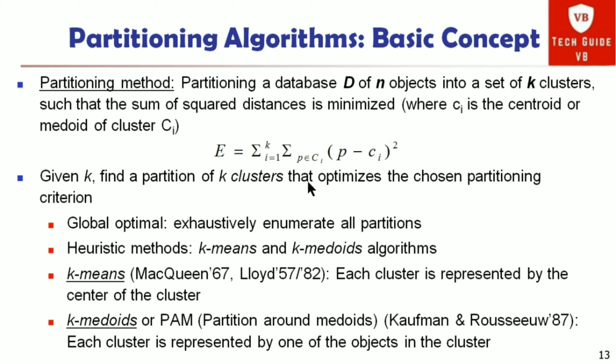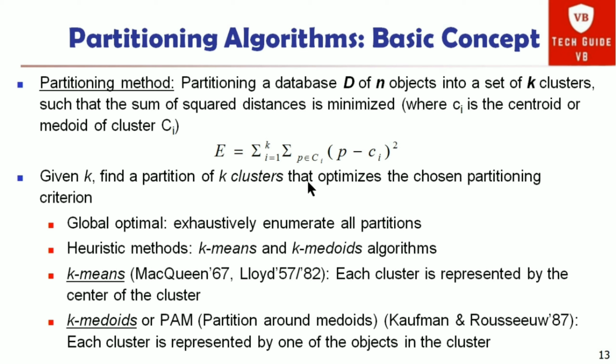So in the partitioning method, we have to partition the database of n objects into k clusters so that the error is minimized. The sum of square distances being minimized means the errors should be minimized. So in the partitioning method, error minimization is done.